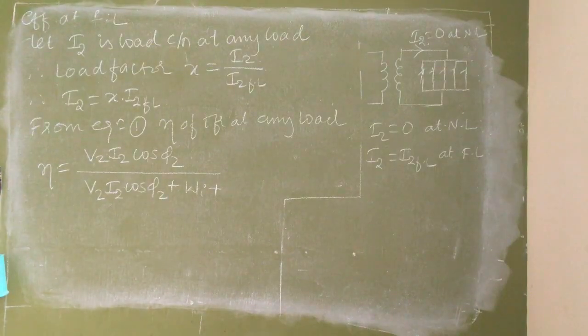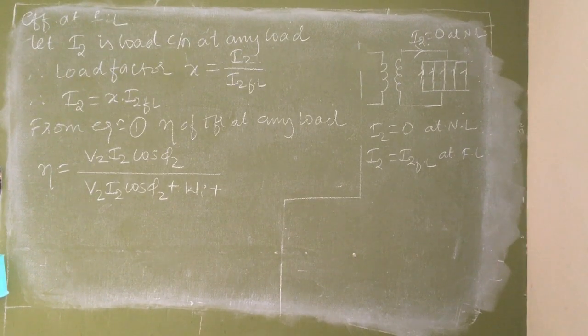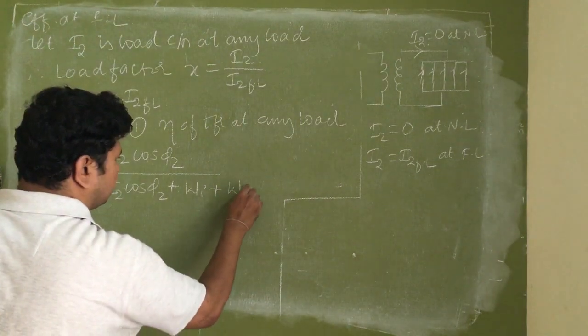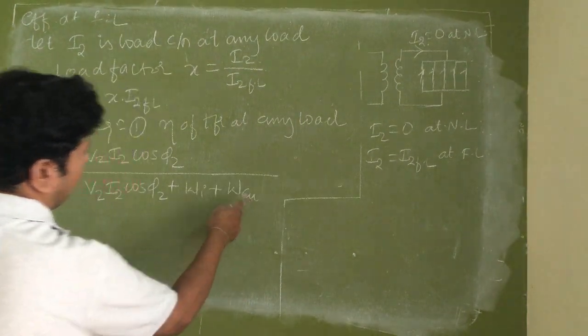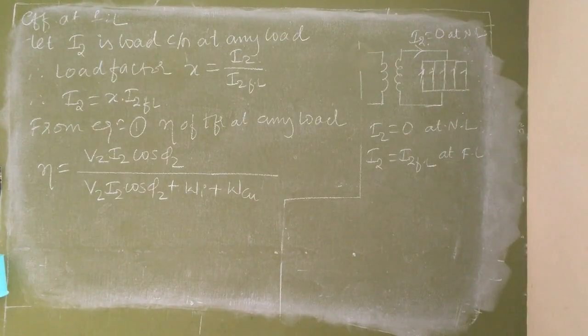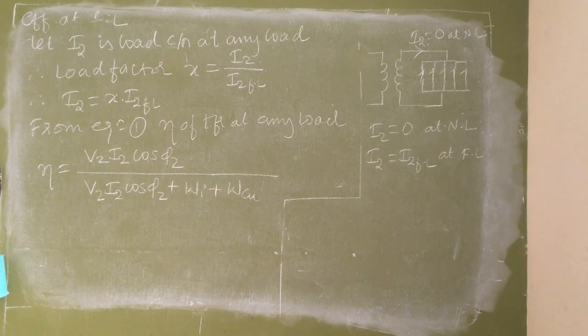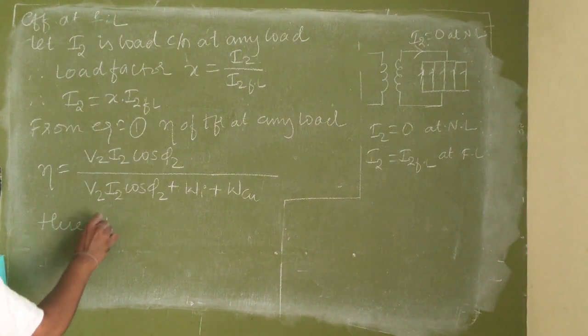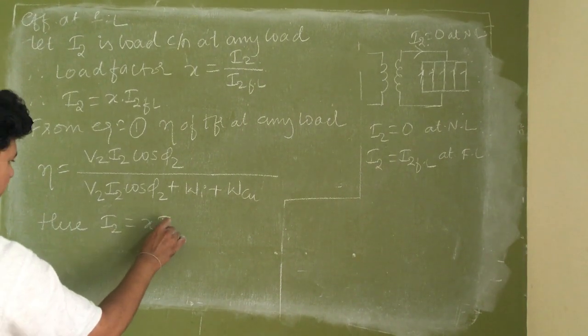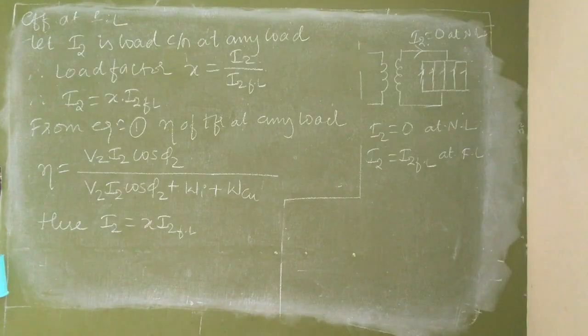Iron losses are constant whether it is full load, partial load, overload or no load, plus WCu. Here also I am not considering WCu full load, because copper losses depend upon the current. So at less load, copper losses are lesser than full load copper losses. Now, here I2 is equal to X into I2 full load.